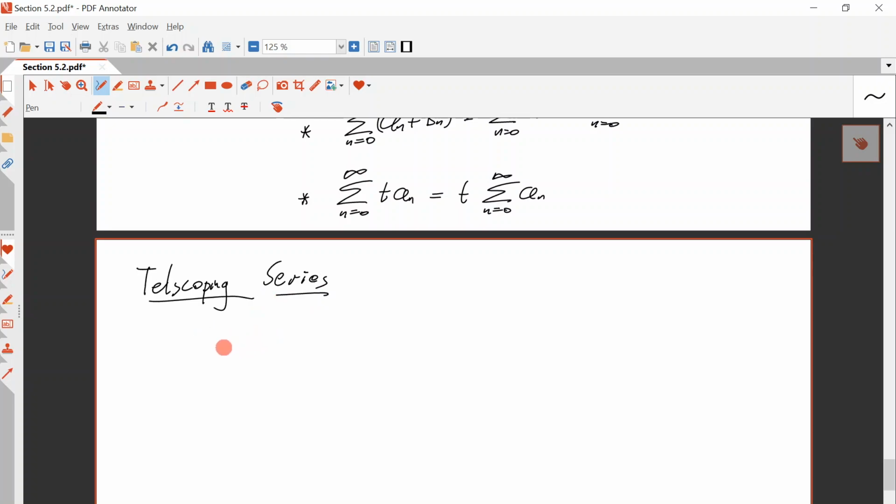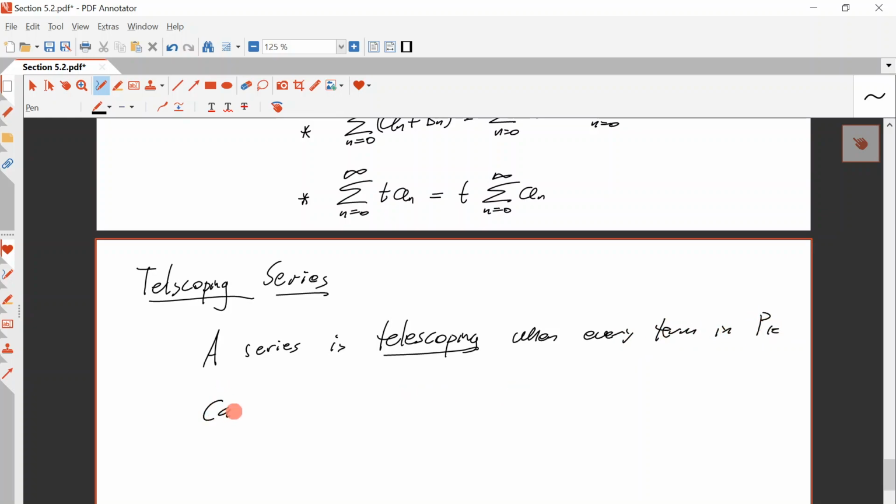So a series is telescoping when every term in the partial sum pk cancels out except for some finite number of them. That's what happened with the geometric series when we were finding the limit for the geometric series.